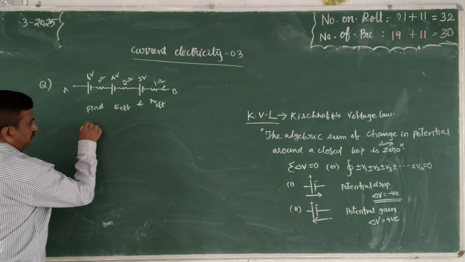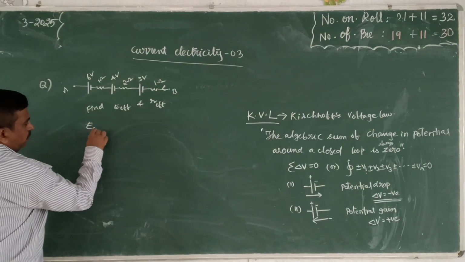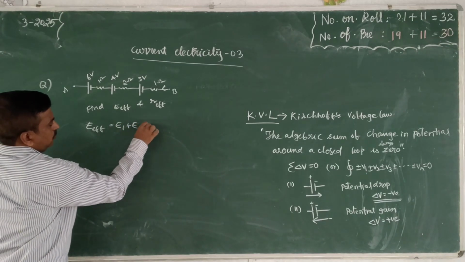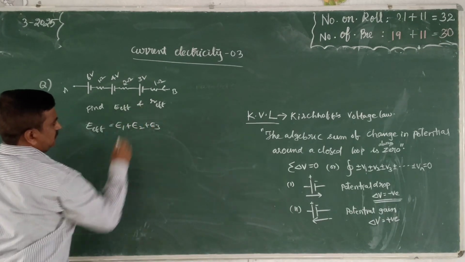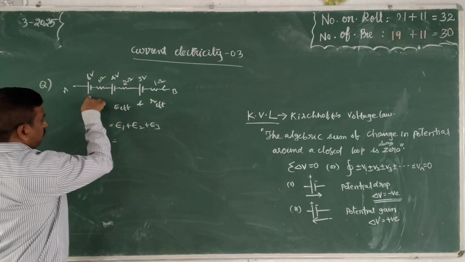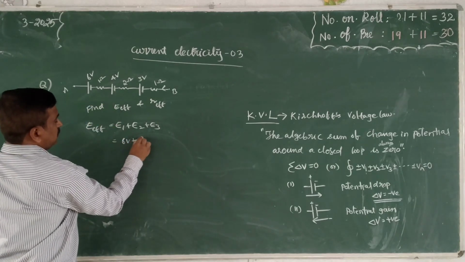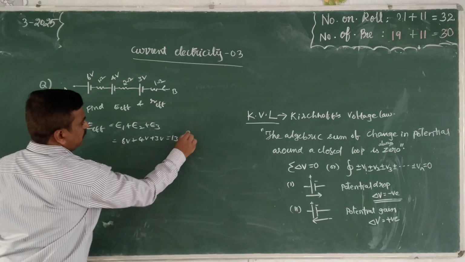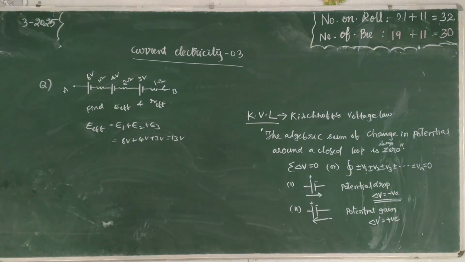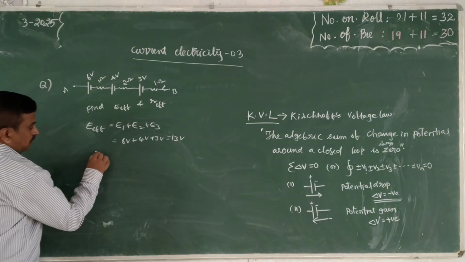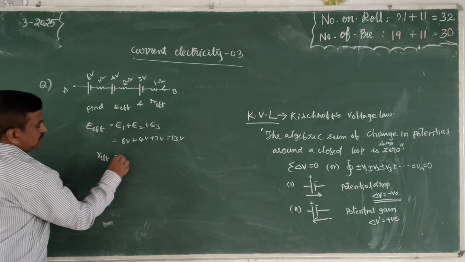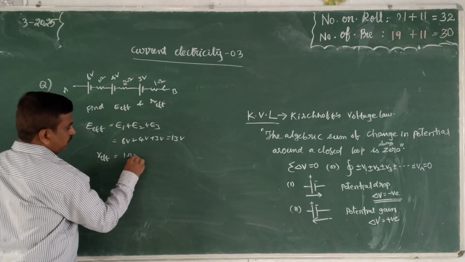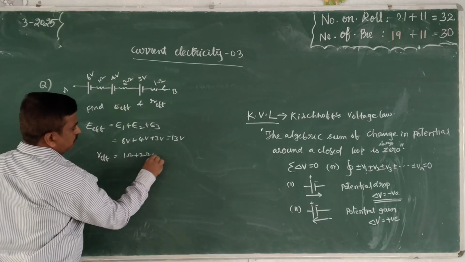Effective EMF equals E1 plus E2 plus E3, as there are three cells here. So the effective EMF is 6 volt plus 4 volt plus 3 volt, which gives 13 volts. The effective EMF is 13 volts. Now the effective internal resistance is 1 ohm plus 2 ohm plus 1 ohm.